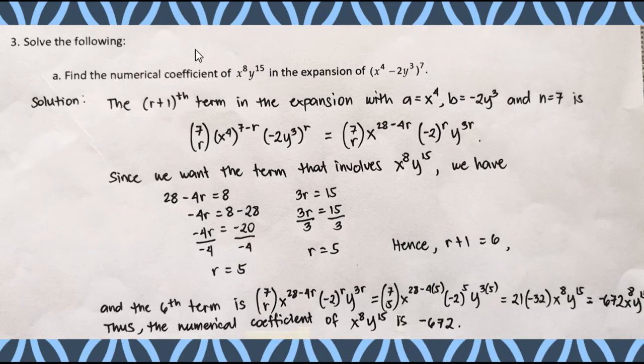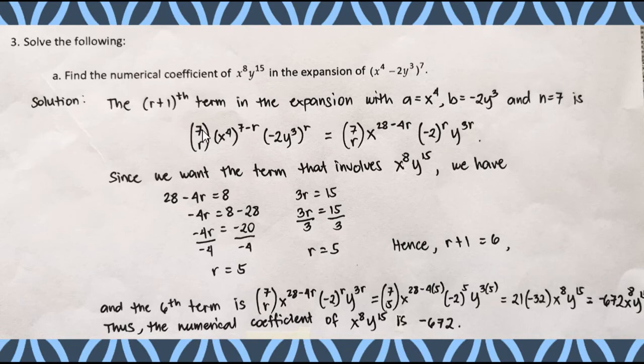Ang numerical coefficient na to kato atong n given r at a time. Okay, solution. There are r plus 1 terms in the expansion with x to the power of 4 as a and b is negative 2y cubed, then 7 is n.